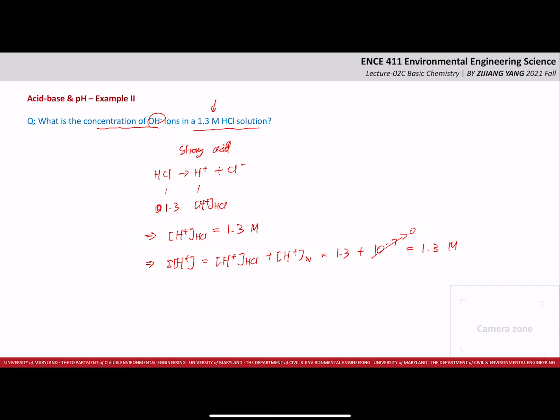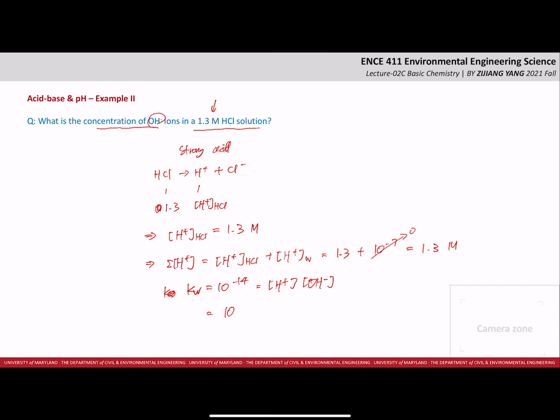And we also know that the equilibrium constant of water is 10 to minus 14, which equals the concentration of H plus times the concentration of OH minus.